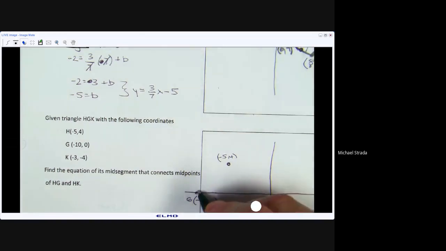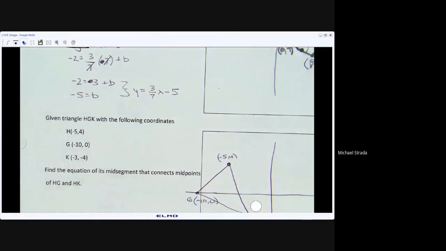With the triangle, it's very important that you label because there's 3 different midsegments. And they're going to ask you, all right, find the equation of its midsegment that connects the midpoints of HG, so this one, and HK, so that one. All right. So we got to make sure we get the right one.